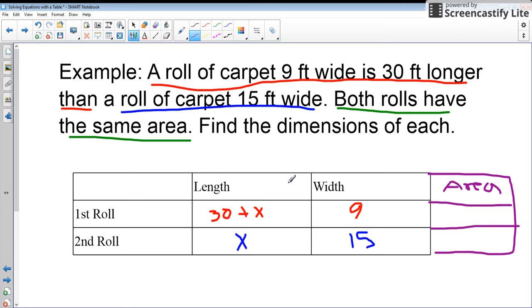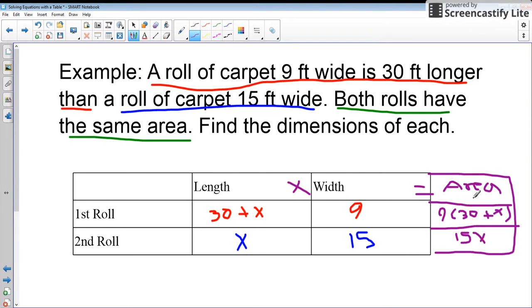But the way these are related, you guys know this. Length times width is equal to area when we're talking about rectangles. So I need to multiply these things together to get the area. So this is going to be 9, and then in parentheses, I'm not even going to bother multiplying it yet, 30 plus x. In other words, I multiplied my length by my width. And then 15 times x is even easier.